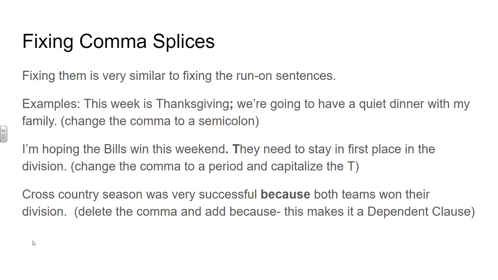Third example, cross-country season was very successful because both teams won their division. We delete the comma and add the word because. That changes it into a dependent clause. We don't need any punctuation, and it is a correctly written, complex sentence. We'll get into types of sentences in a future video. So again, all three of those were comma splices. Now all three of them are correct. Notice how none of them has a comma in there.